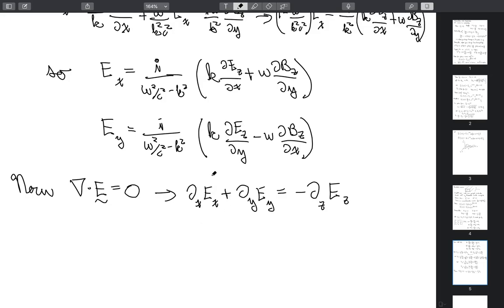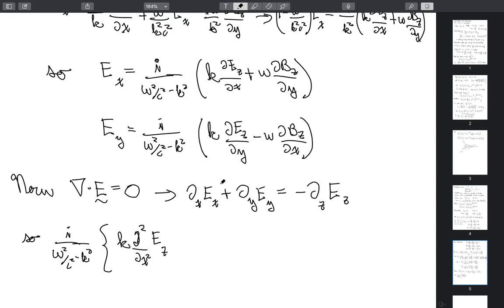If I take an x derivative of this, then I get the second derivative with respect to x of Ez. So let's just do this. I have i over omega squared over c squared minus k squared. Now what do I have? I have the x derivative of this thing, so I get a k times the second derivative with respect to x of Ez plus the x derivative of Bz.